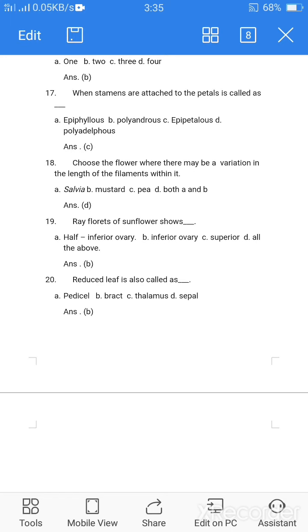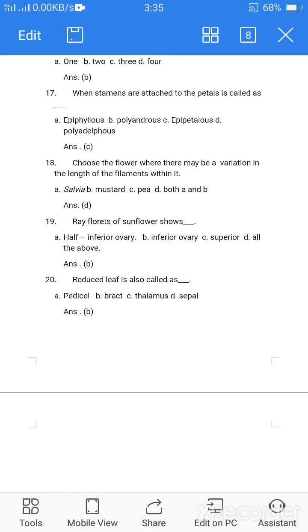It means the ovary, the gynoecium position, is completely low at the bottom. The rest of the floral parts, like calyx, corolla, and androecium, are present above the ovary. This nature can be seen in sunflower, especially ray florets.